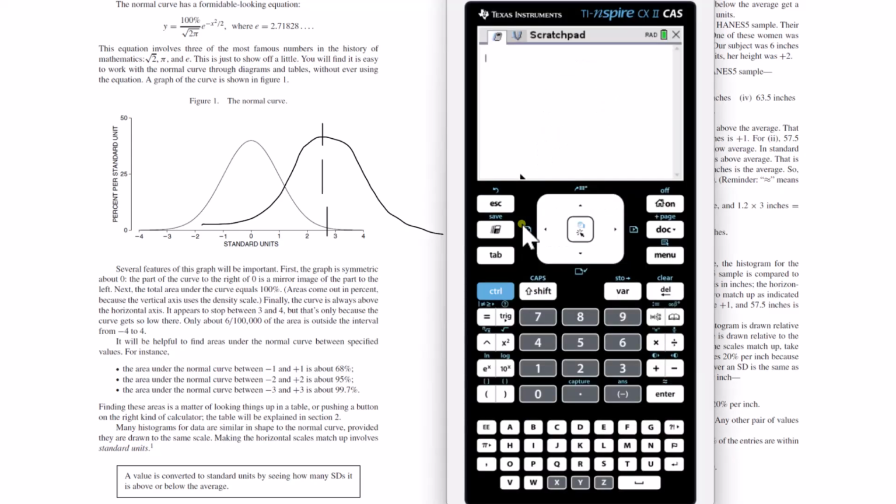I went into the details and specifics of this in the previous video, so go watch that video if you need, but let's go ahead and put this formula into our graphing calculator. You can do this with any graphing calculator.